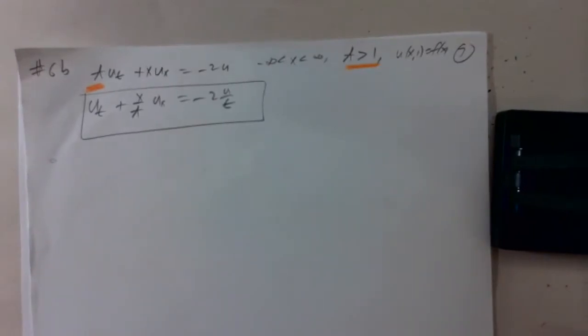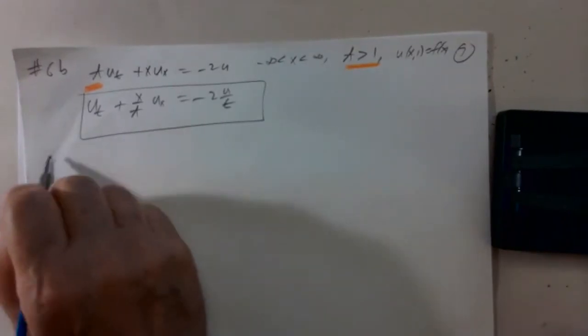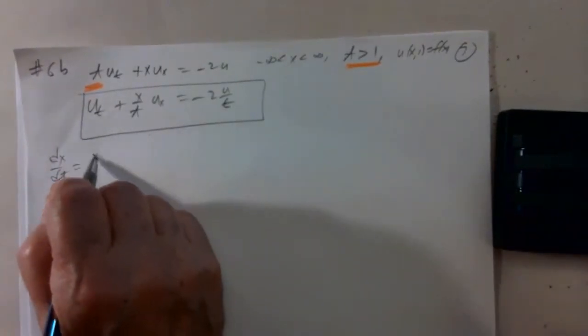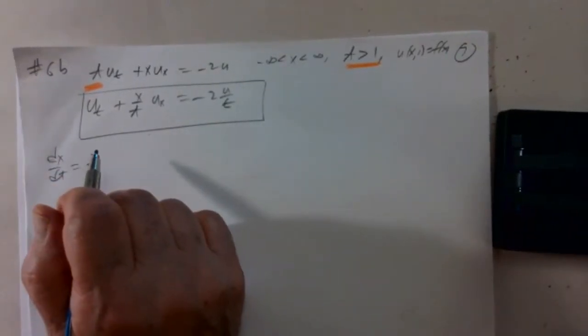And the first ODE I need to solve to find the characteristic curves is dx/dt equals x over t.